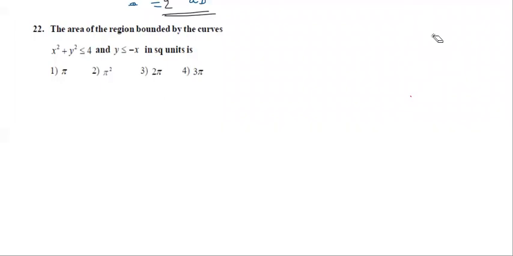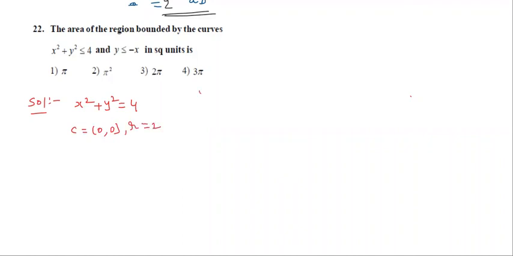Students, see the 22nd. The area of the region bounded by the curve x square plus y square is less than or equal to 4. First take x square plus y square is equal to 4, which means this is the equation of a circle, center origin and radius is 2.